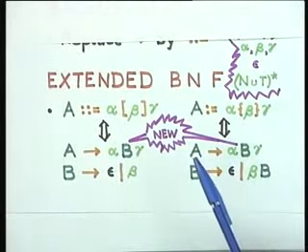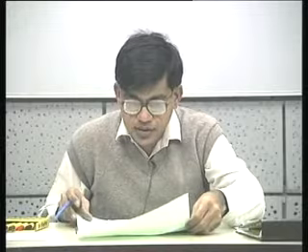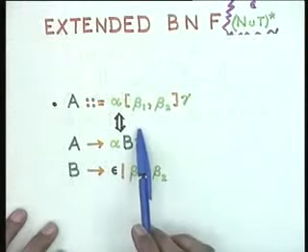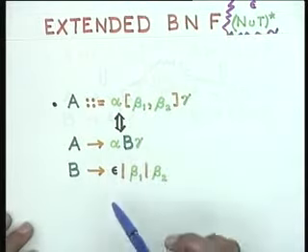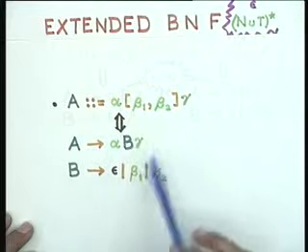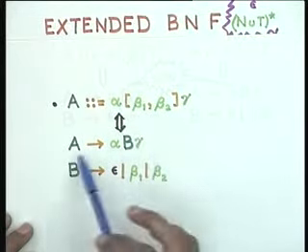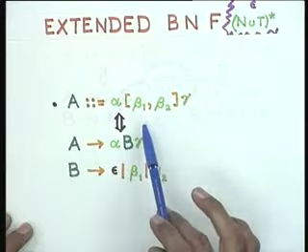So a typical example would be that if you had more than one option, the several options are either separated by bars or they are separated by commas, and what it means is that this is equivalent to this set of productions with a new non-terminal symbol.